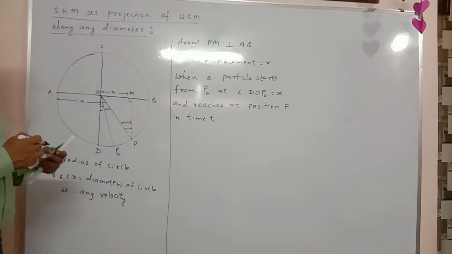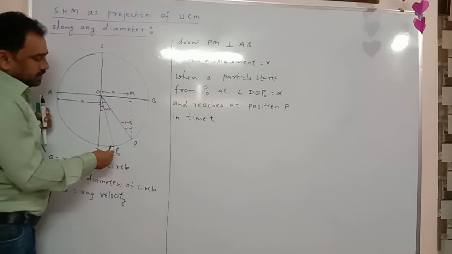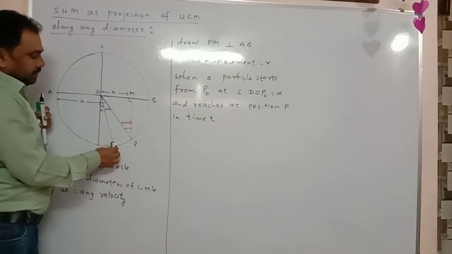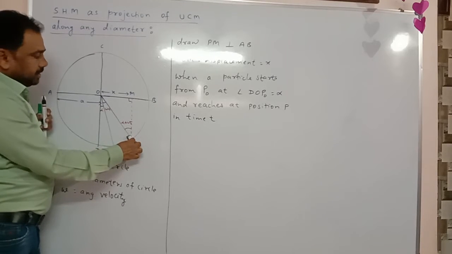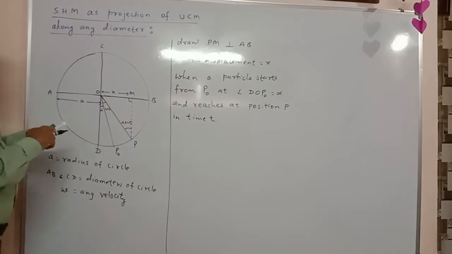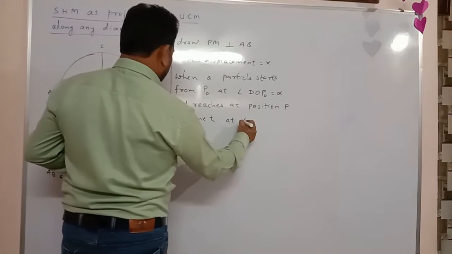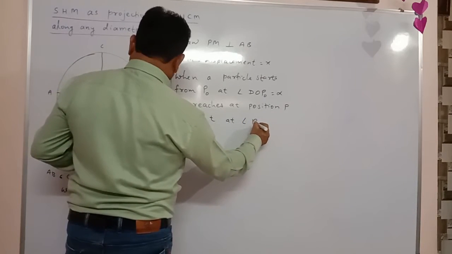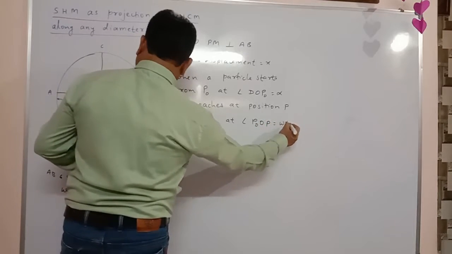So the particle is at point P naught. If it starts from P naught and reaches point P at time t, then the angle P naught OP is equal to omega t.